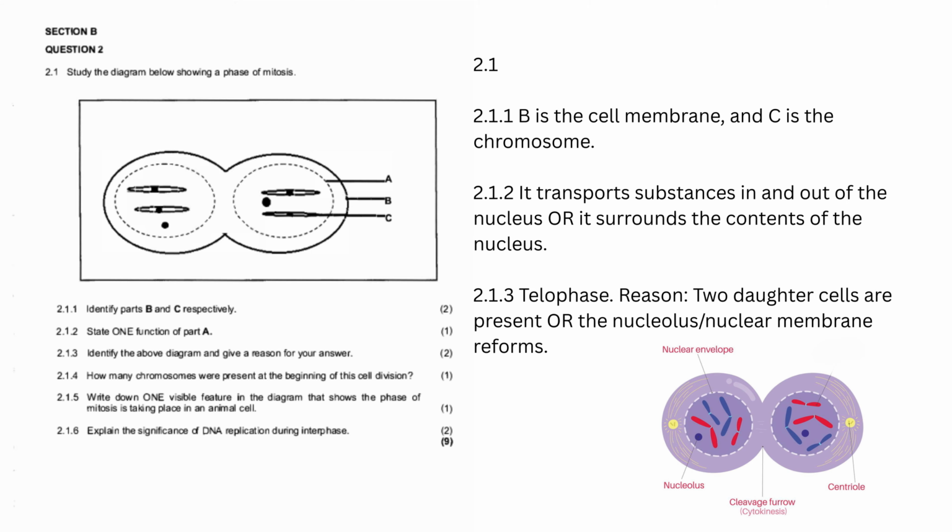So the key for this structure is actually A, okay? The dotted lines that are forming around the chromosomes. That's the nuclear membrane that tells us that this is telophase, okay?